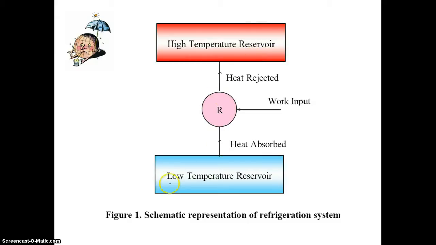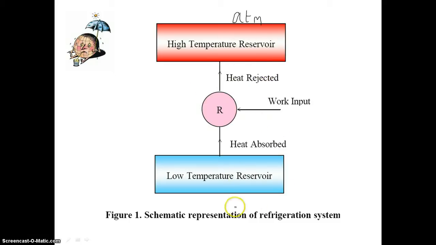This is the diagram. You see, low temperature reservoir is here. Low temperature reservoir is the space to be cooled. Then high temperature reservoir is here. This is the atmosphere. Normally we are supplying this heat rejected to the atmosphere.